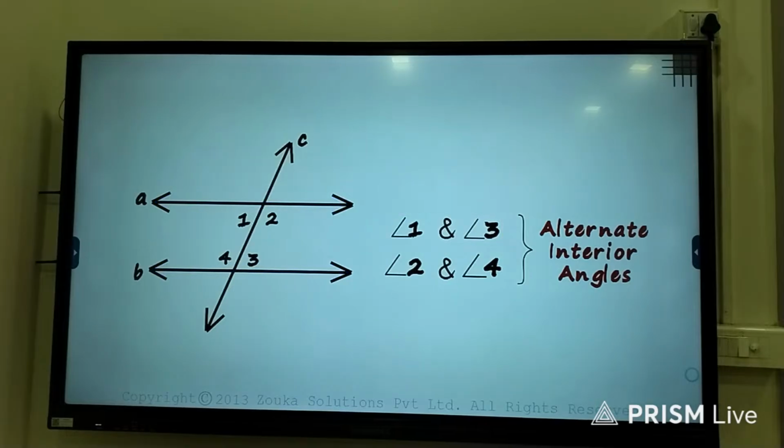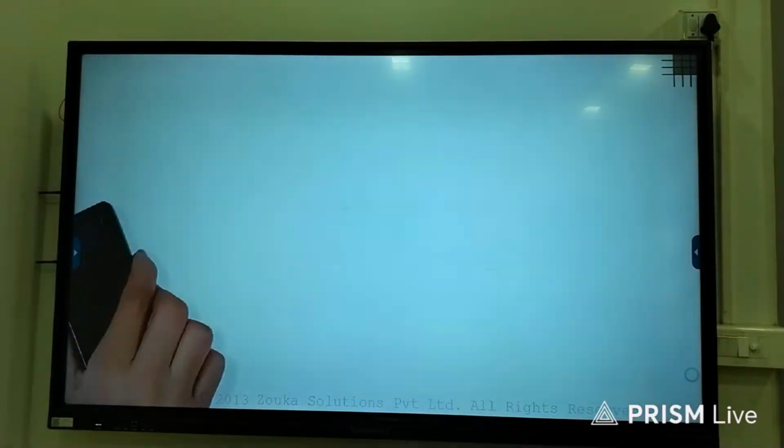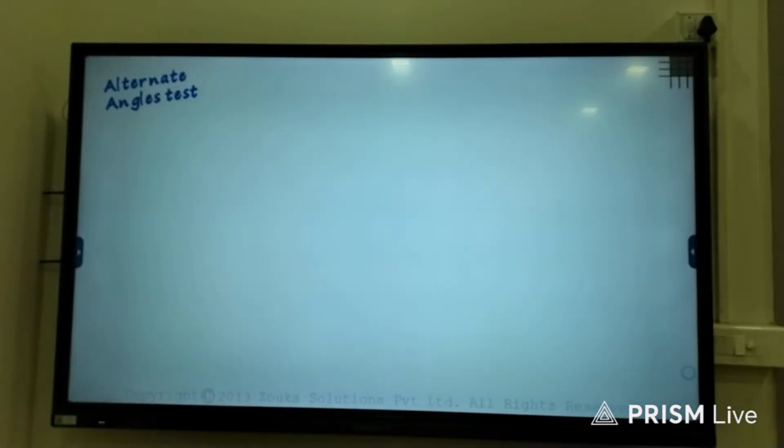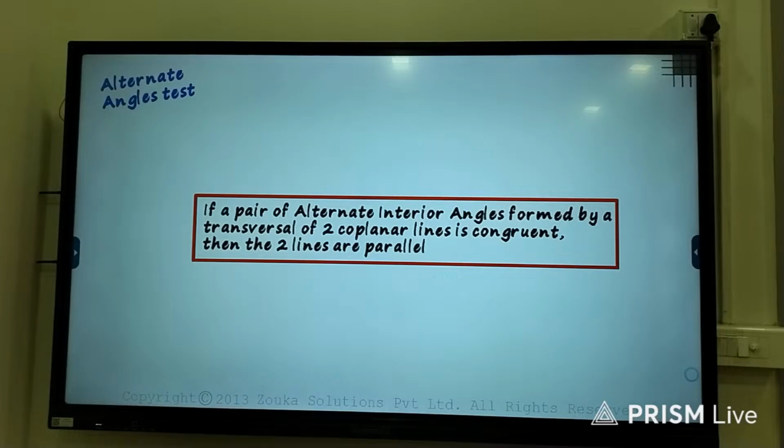In this case, if angle 1 equals angle 3, or if angle 2 equals angle 4, then lines A and B would be parallel. Let's erase this and try to understand what the alternate angles test says. If a pair of alternate interior angles formed by a transversal of two coplanar lines is congruent, then the two lines are parallel. But we need to prove this.